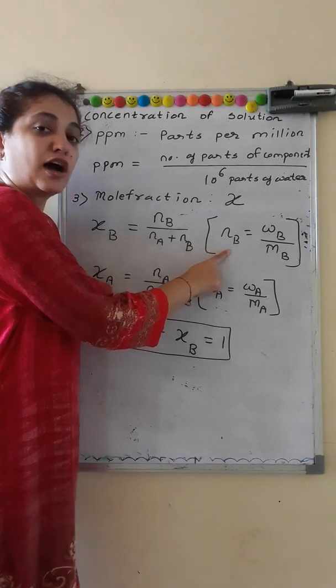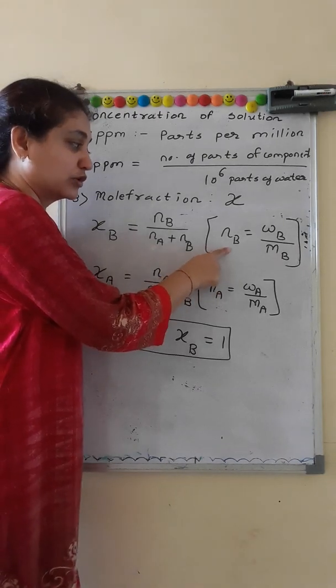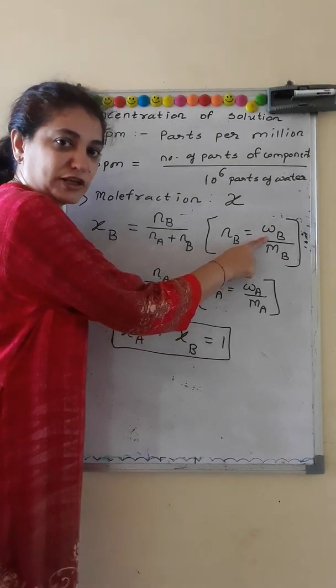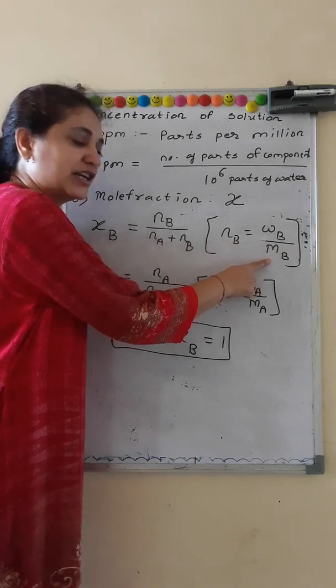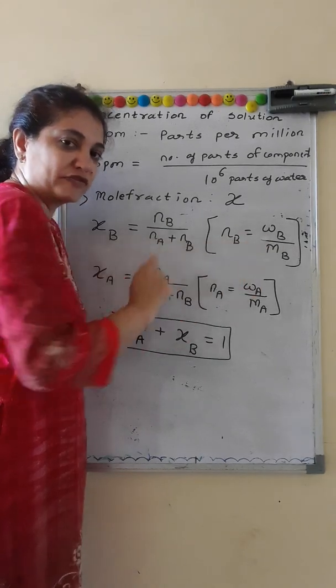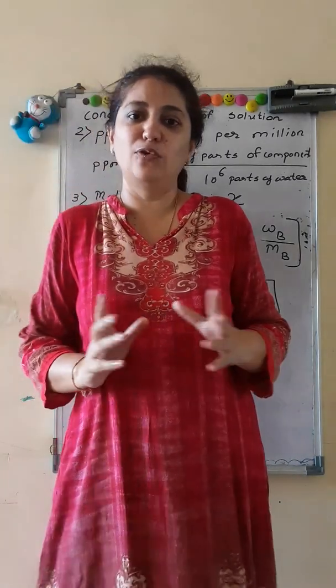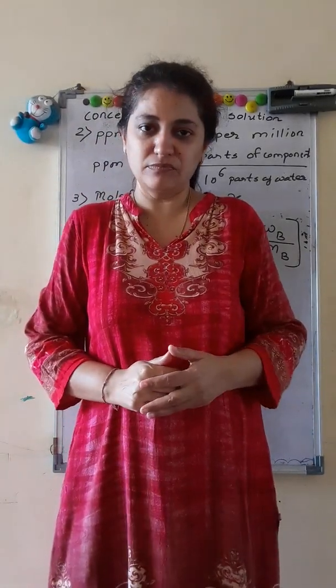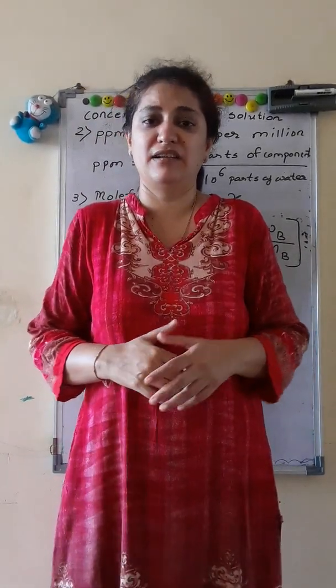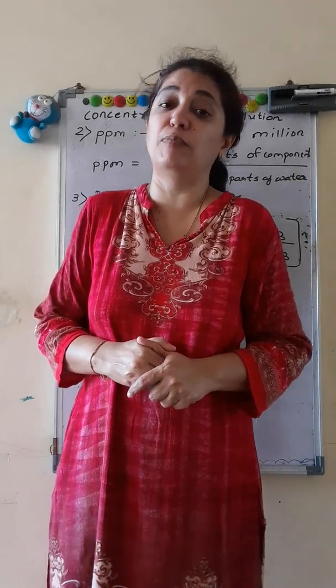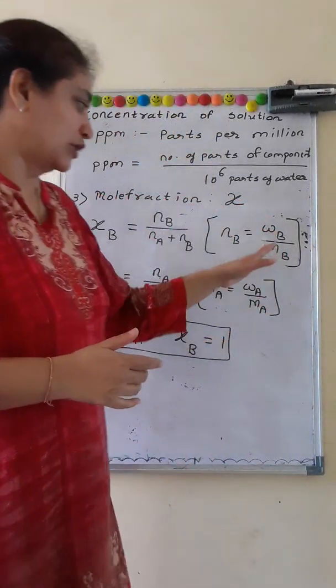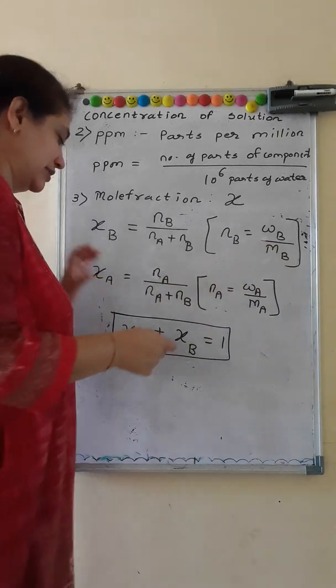And this is the formula how we calculate number of mole of solute. It is given mass of solute, given weight of solute divided by its molar mass. So if solute is glucose molar mass is 180. If solute is NaCl, its molar mass is 58.5 and so on. So whatever is molar mass, that will come in denominator.